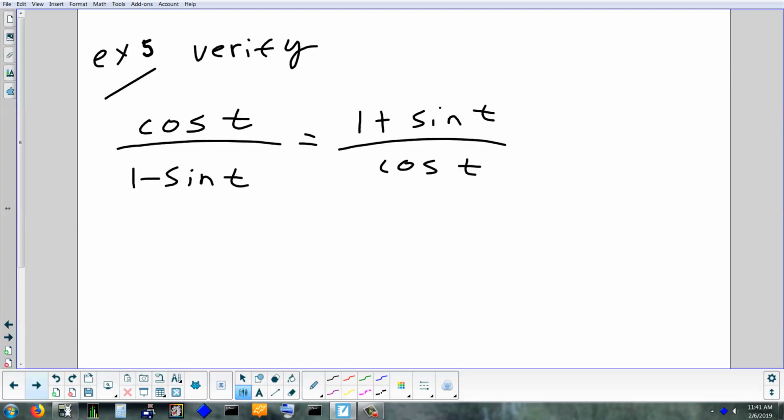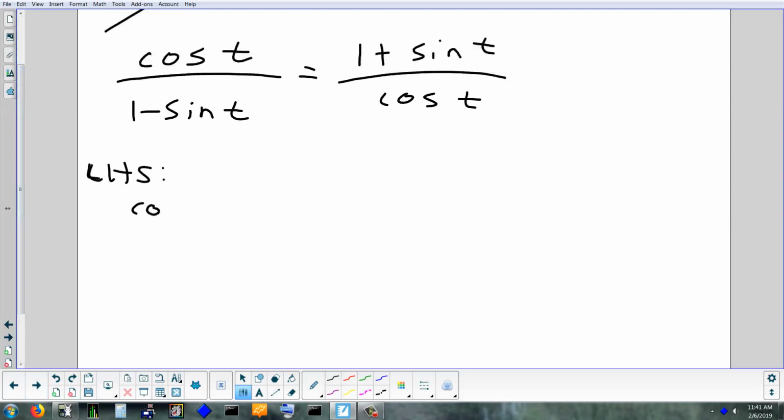Each side is exactly the same amount of work. So do we want to start with the left or the right? Left. All right. So left-hand side. Our goal is to leave the right-hand side alone. Don't touch it. Play with the left-hand side until it turns into the right. Okay, so let's copy down the left.